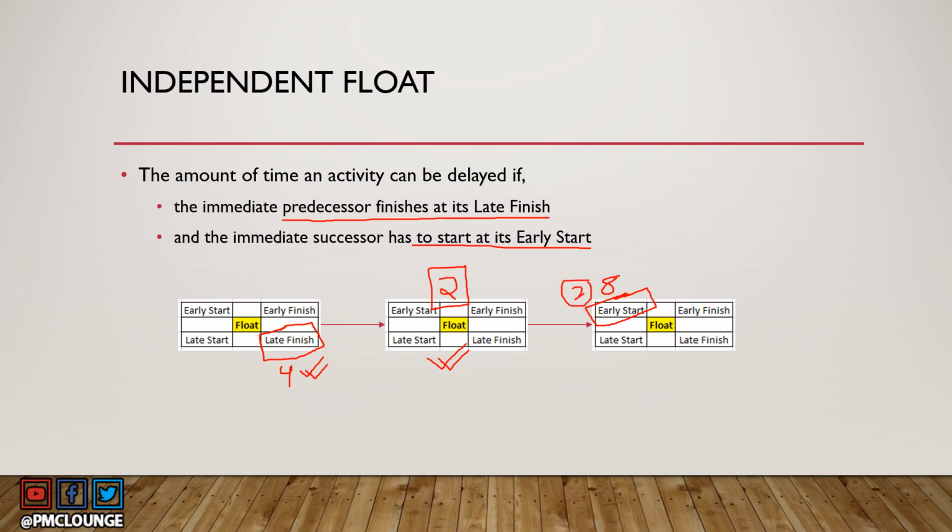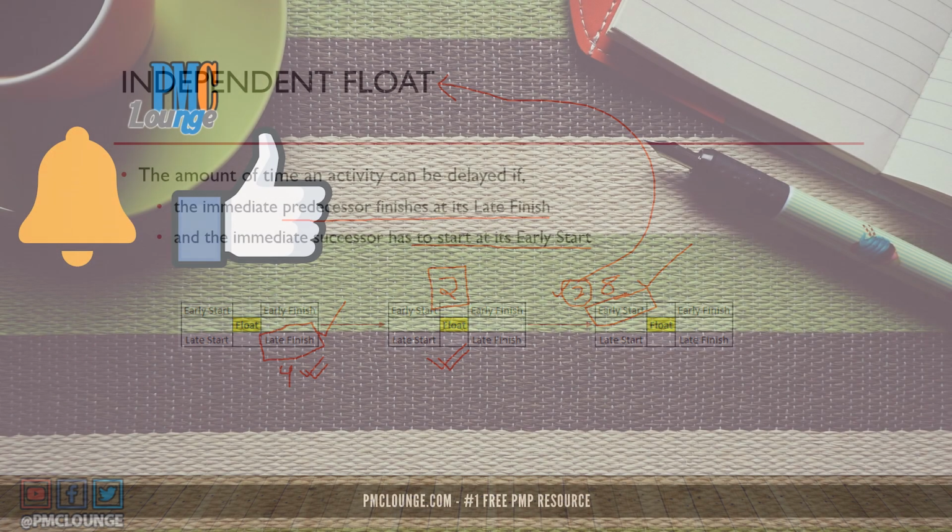This waiting time is basically the independent float, because this is the amount of time an activity can be delayed even if the immediate predecessor is ending at its late finish and the immediate successor starts at its early start. Still, you have some float. 2 is the value of this float, and this is known as independent float.